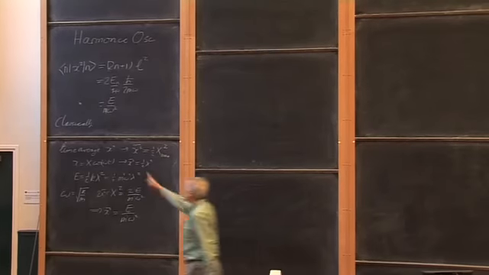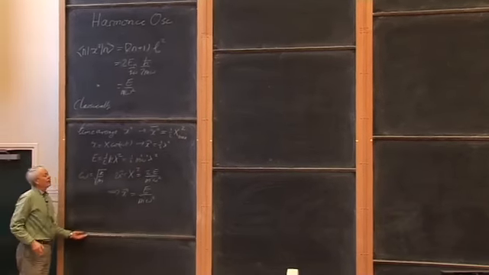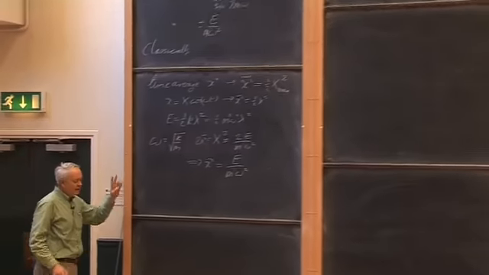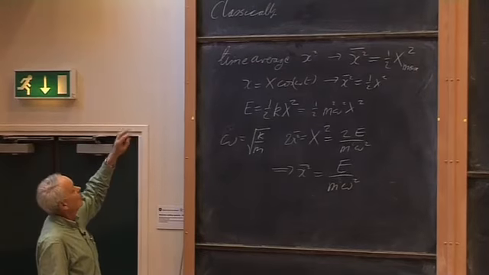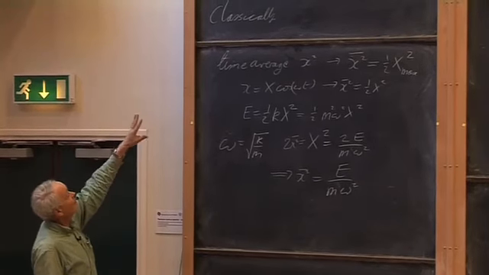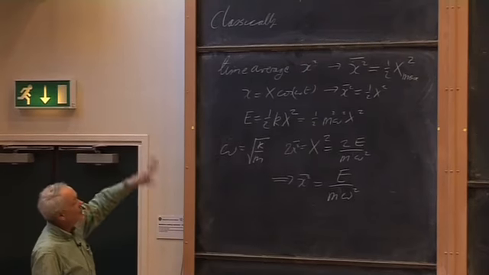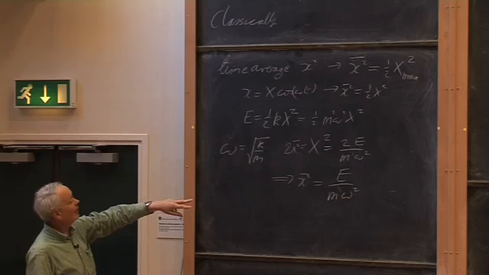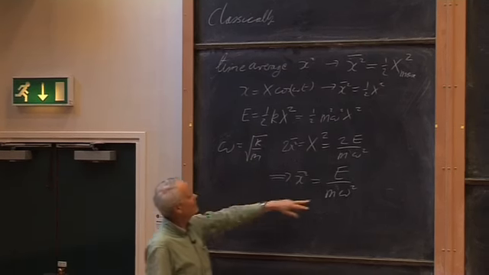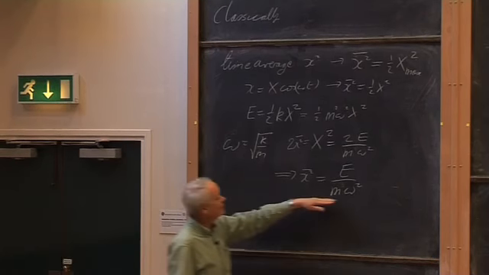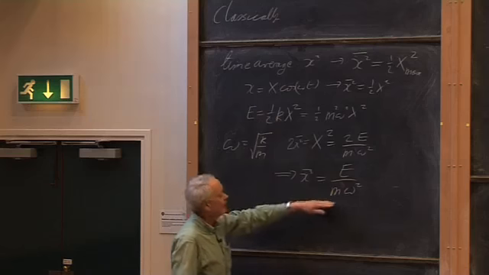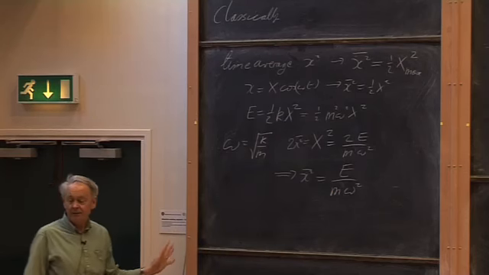So doing this check, what have we done? We've checked that a quantum mechanical result agrees with the classical result. Now, actually, amazingly, we've been able to do this independent of n. In other words, quantum mechanics recovers classical physics for all n.